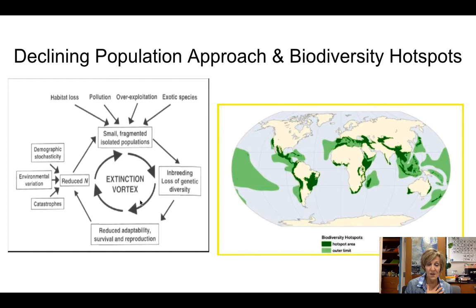So my students have watched a video that I made on the extinction vortex, but basically just to show you again that you have these different forces that are going to decrease a population and fragment it.